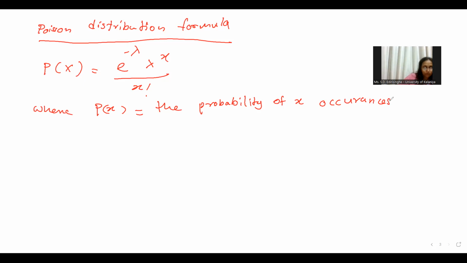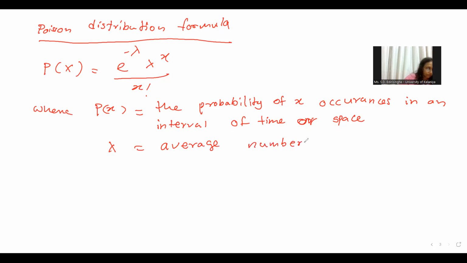In an interval of time or space. Lambda is the average number, or expected value, the expected value of x, average number of occurrences of x.